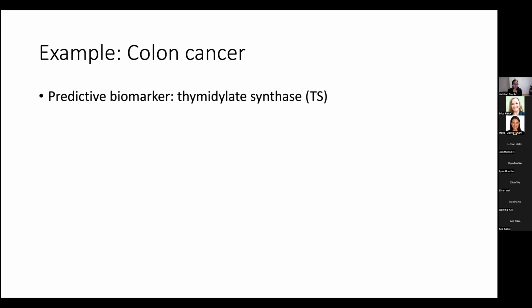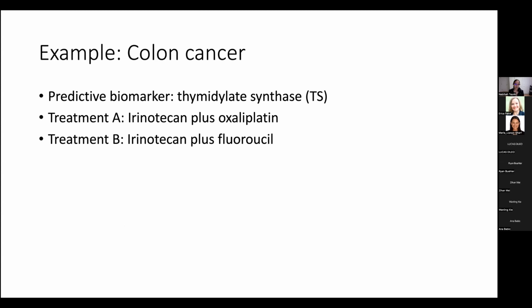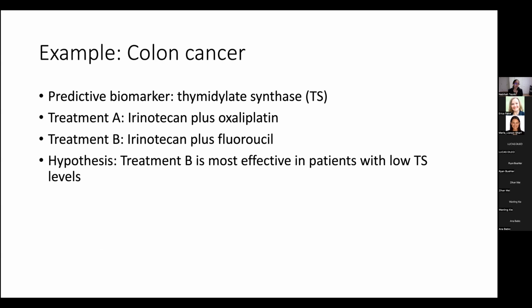The example they give is in colon cancer. You have a predictive biomarker, TS. Your treatment A is irinotecan plus oxaliplatin. Your treatment B is irinotecan plus fluorouracil. And your hypothesis is that treatment B is most effective in patients with low TS levels.